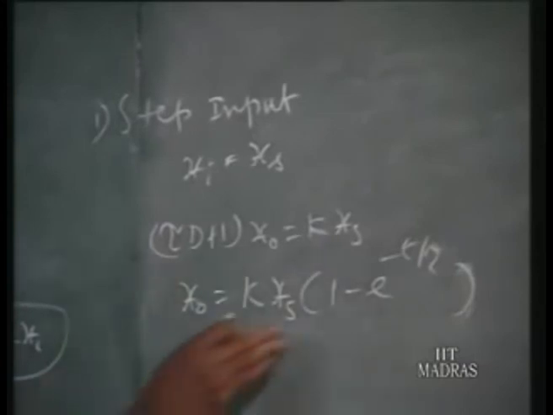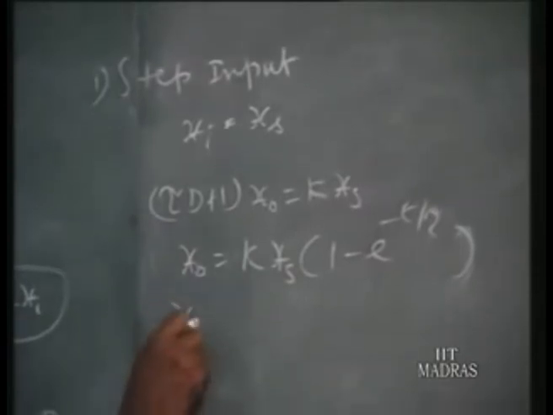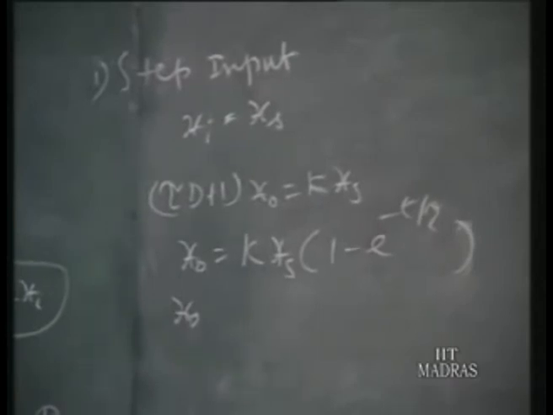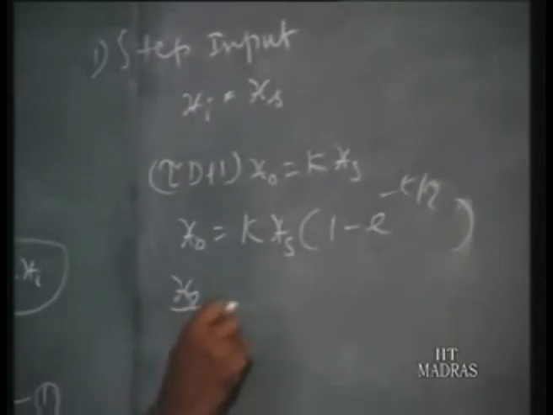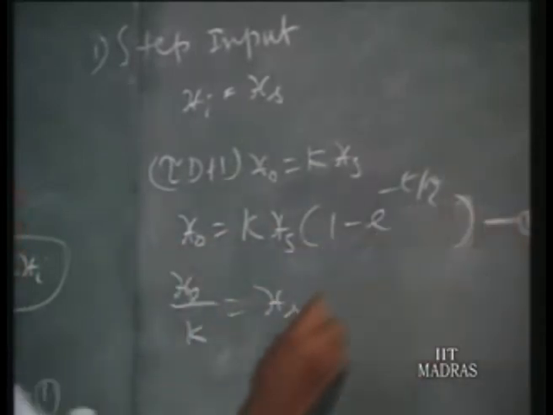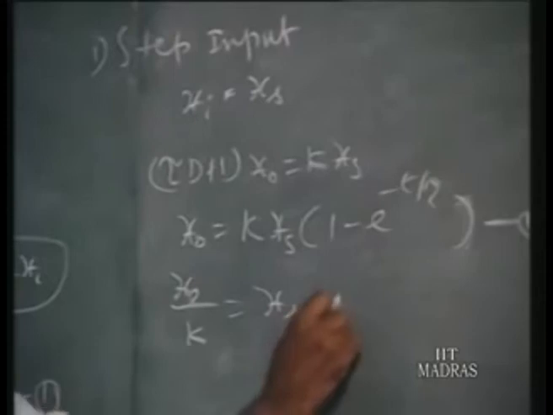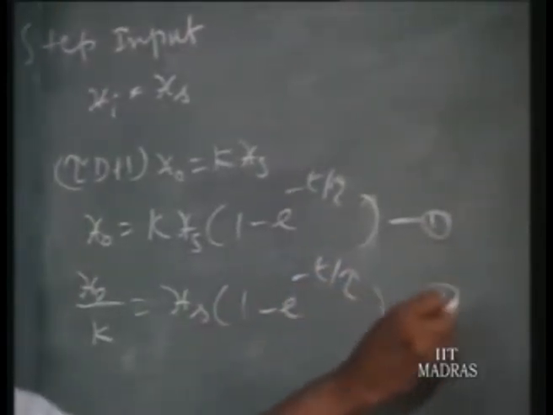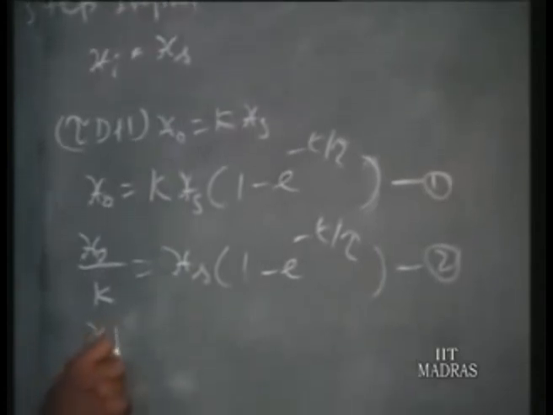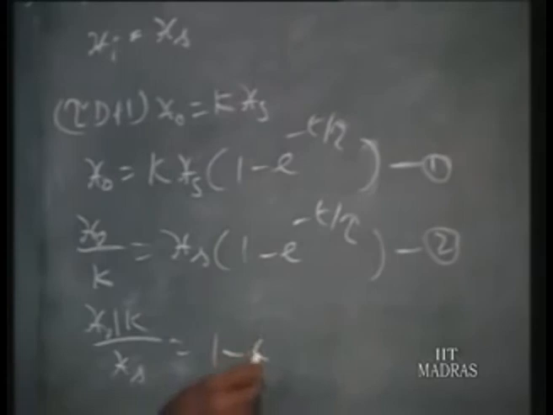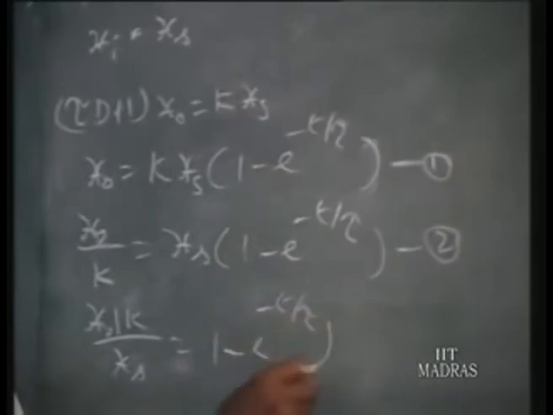This can be understood in three ways. The same equation can be written in different ways: Xo equals K Xs into (1 minus e to the power of minus t over tau); Xo by K equals Xs into (1 minus e to the power of minus t over tau); and Xo by K by Xs equals 1 minus e to the power of minus t over tau, which is non-dimensional.